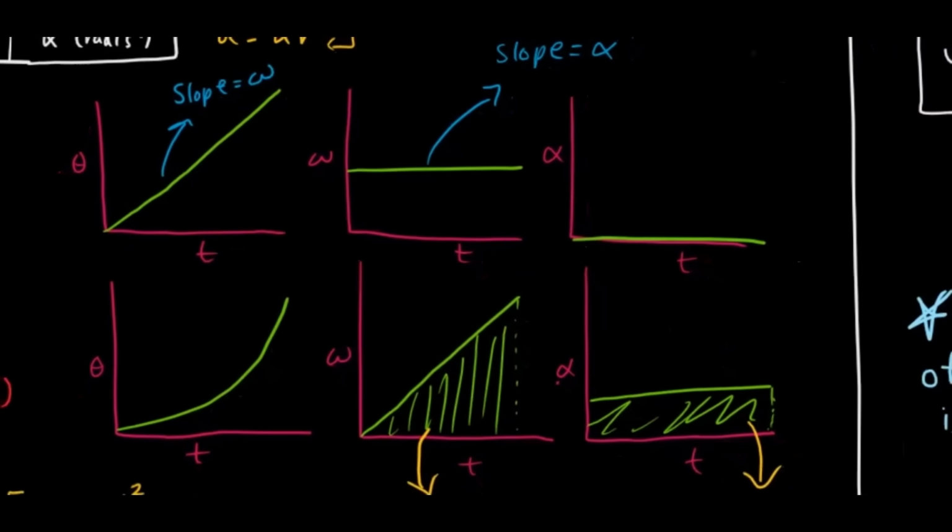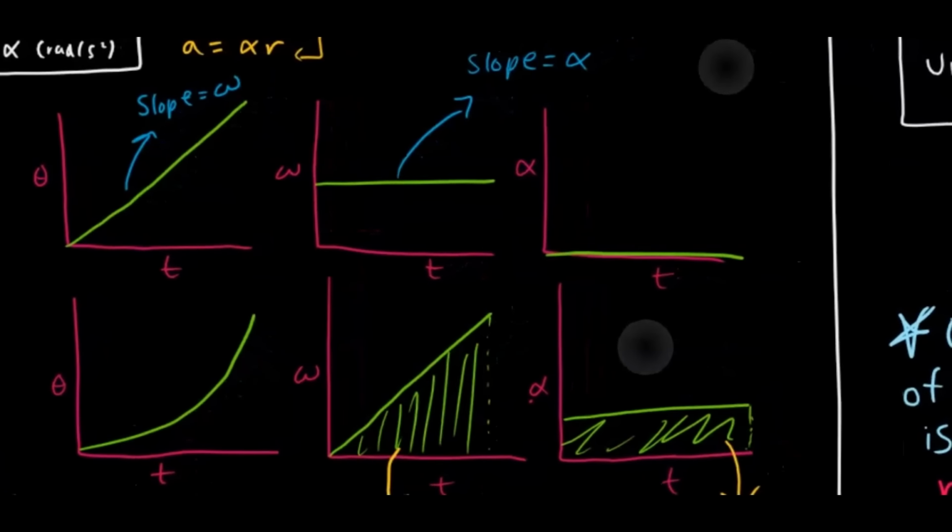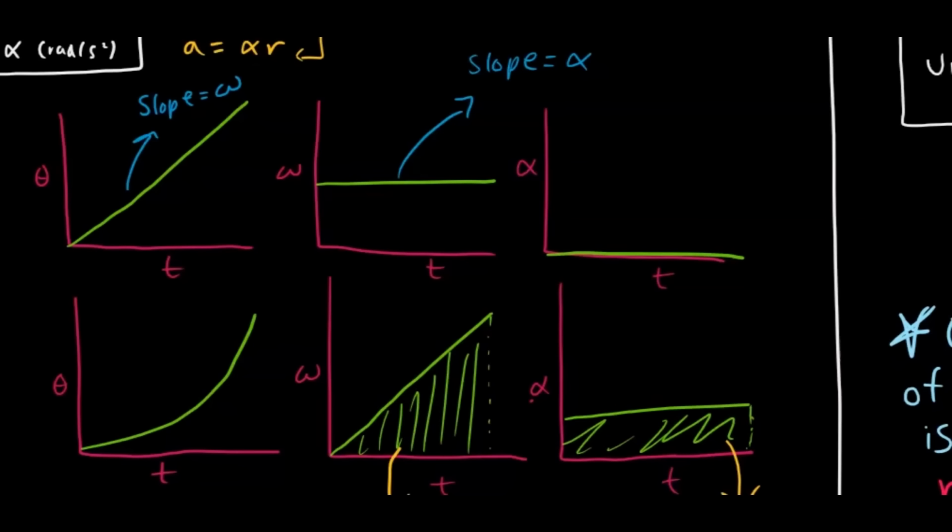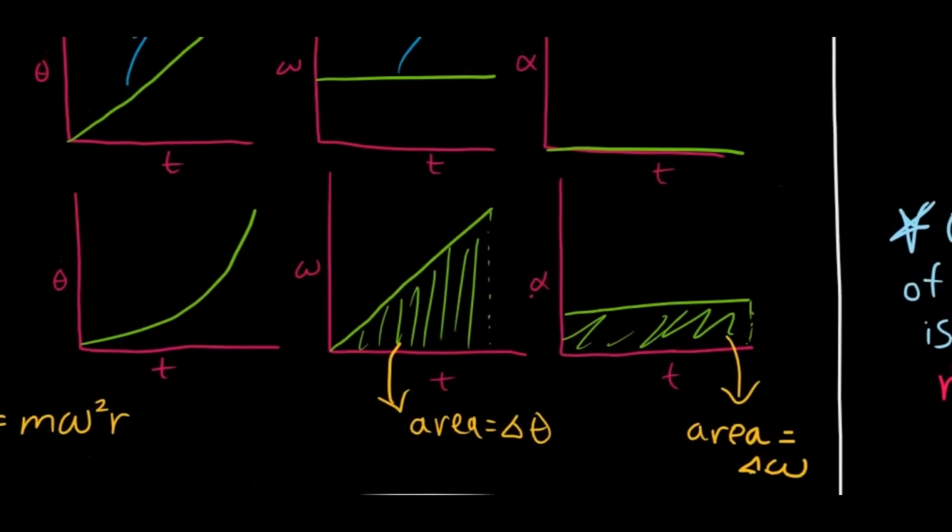All right, so motion graphs. This is very similar to just linear kinematics. You can see some examples of position over time, angular velocity over time, and angular acceleration over time. So the slope of each one corresponds to each other. The slope of position over time is the angular velocity, and then the slope of the angular velocity over time is the angular acceleration.